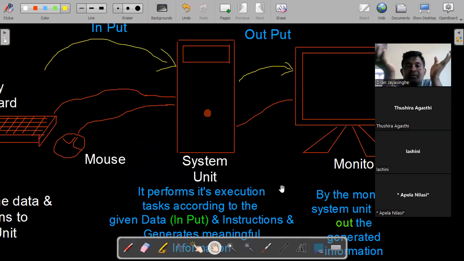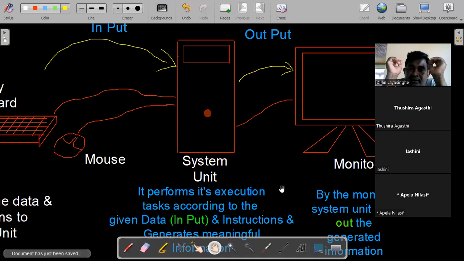Every time we are inputting data and instructions to the computer, to the system unit, according to the particular data and instructions, the system unit performs its execution tasks and finally generates some sort of meaningful information.